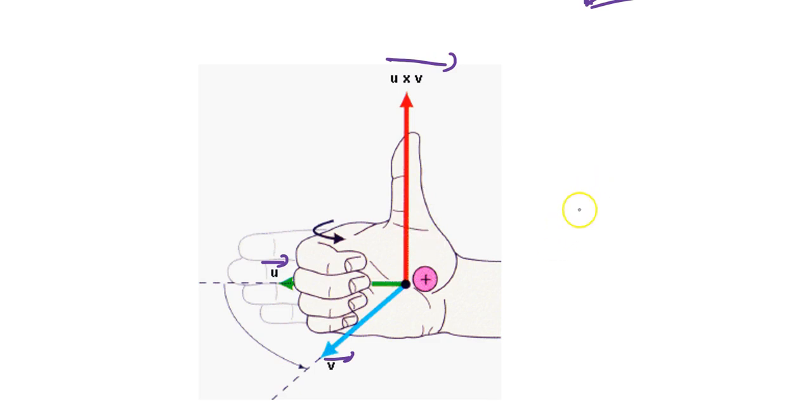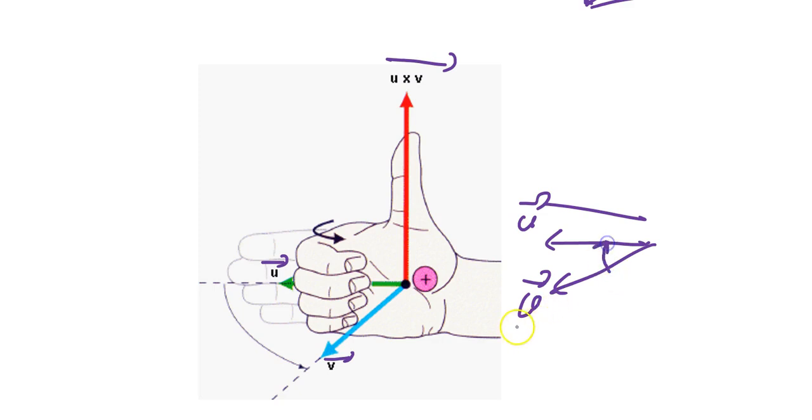Similarly, suppose you want to find V cross U: same way you curl your right hand from V to U and check in which direction your thumb is pointing.